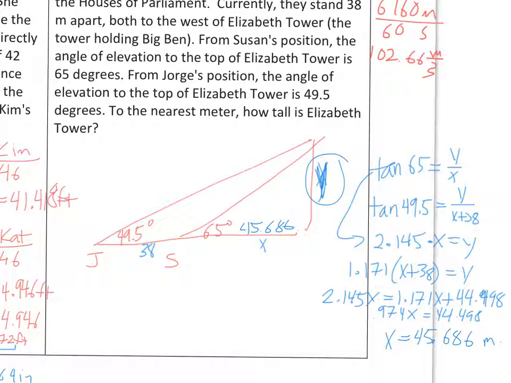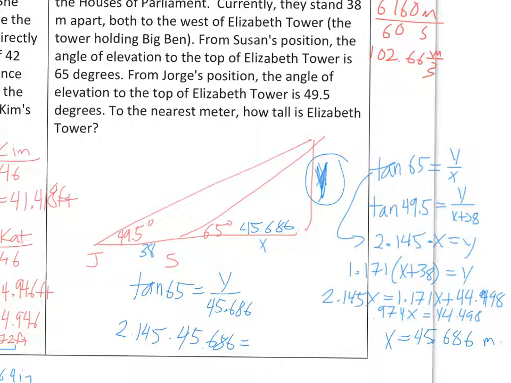So 45.686. I might solve this problem again and say tangent of 65 is equal to y over 45.686. We already did tangent of 65. It was 2.145. So 2.145 multiplied by 45.686 should give me a value for y.